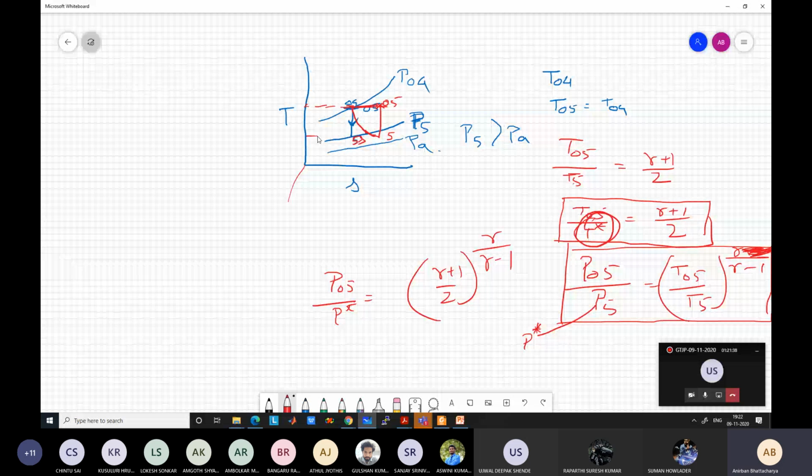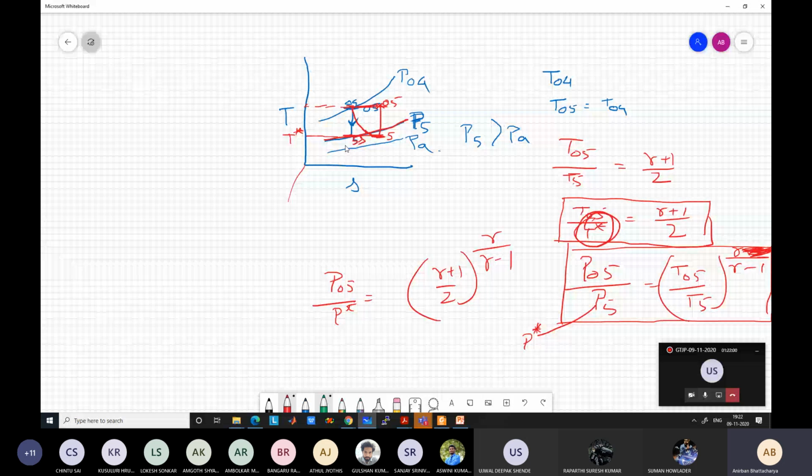So this T star is always going to be the same, correct, whether it is an isentropic case or non-isentropic case. But the constant pressure line through the isentropic case goes like this. So what should be the constant pressure line through the actual case? Let me take another color.